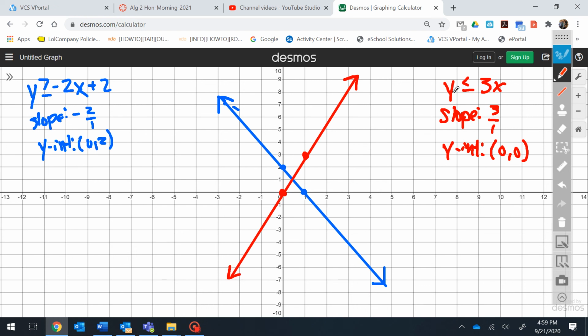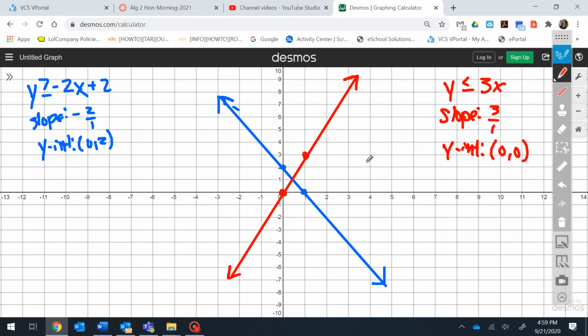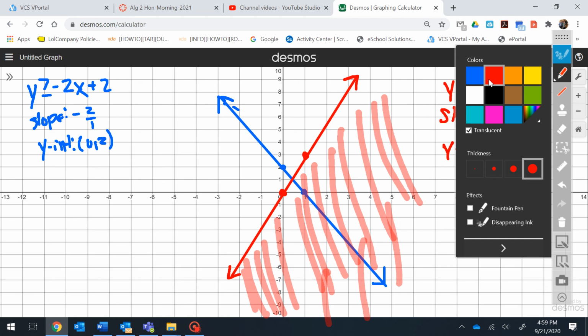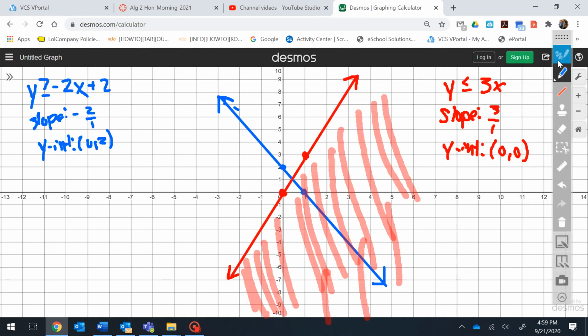So the red one is shaded below because it's less than. So this one is shaded below the red line. And then the blue one we have shaded above because it's greater than.